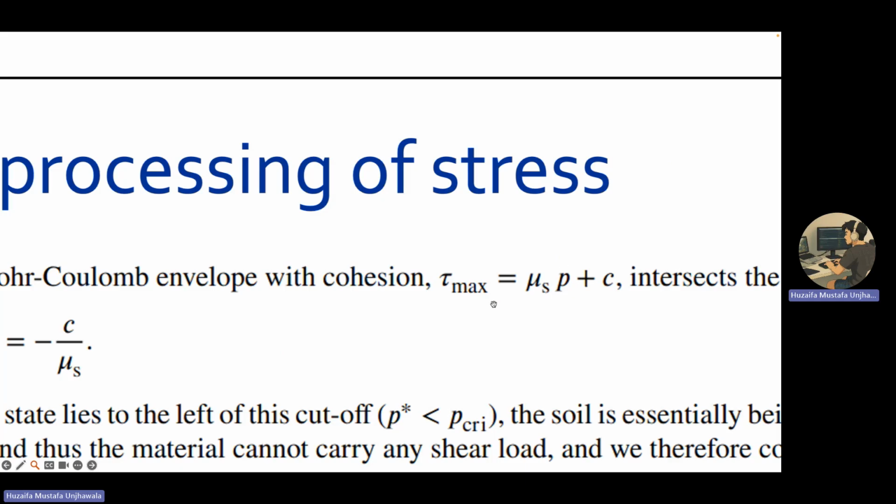Yeah. So this is, I think, what you're talking about, the Mohr-Coulomb: the maximum shear stress that you can permit is this friction coefficient times the pressure that you have, and the cohesion parameter comes here, so you can permit more shear stress if you have more cohesion, which makes sense, right?